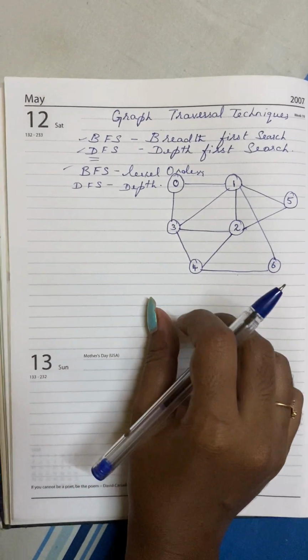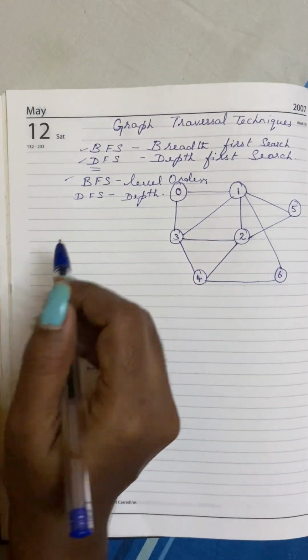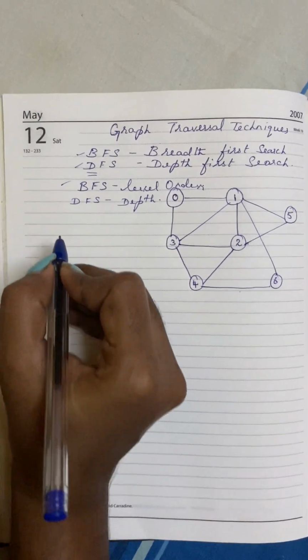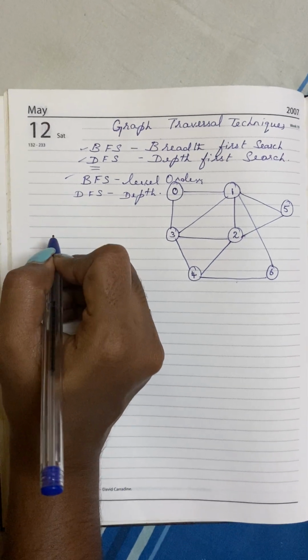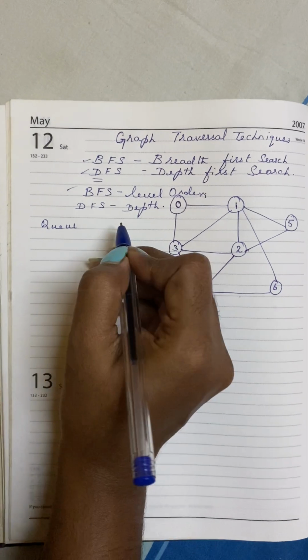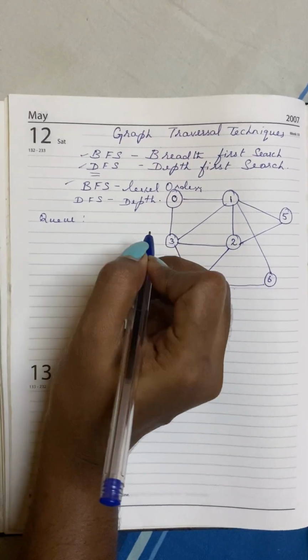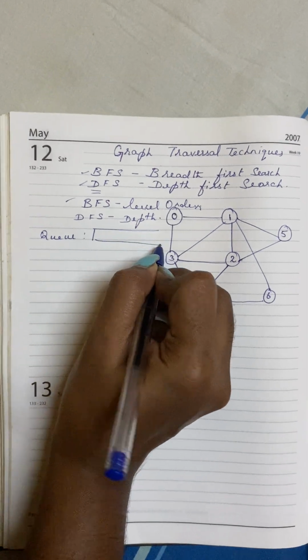So how am I going to perform the breadth first search? We will see first. This breadth first search can be implemented using the queue data structure. You know how a queue actually works.